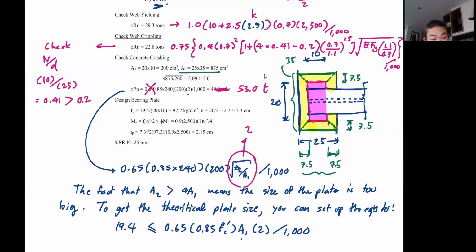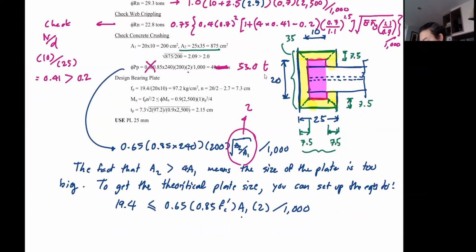It's 2.15, and so I decided to use the 25 millimeter thick plate. I can go maybe smaller because it's only 2.15. You can use 2.2 centimeter, 22 millimeters plate, but I'm not sure about the availability, so like I said 25, that's fine.